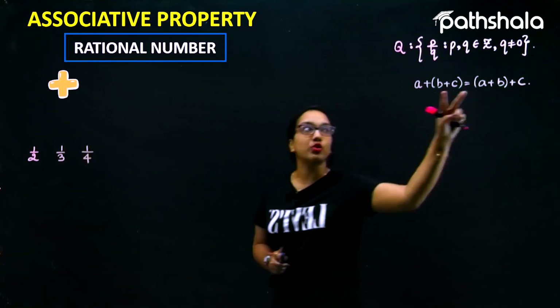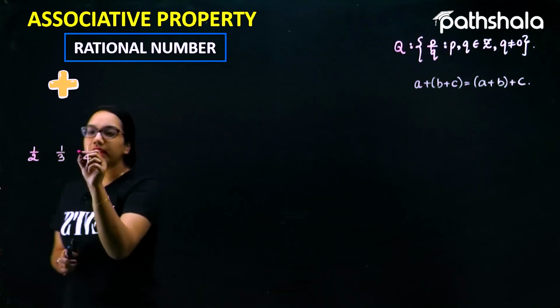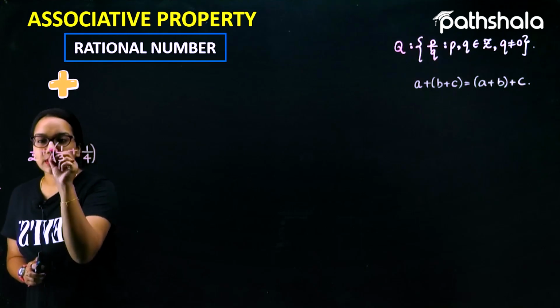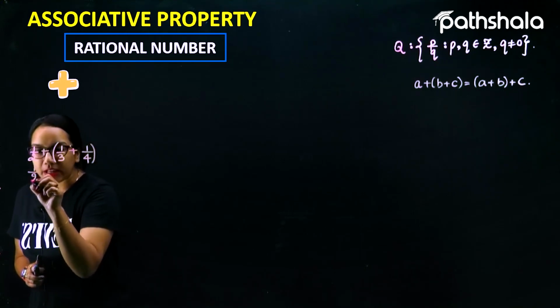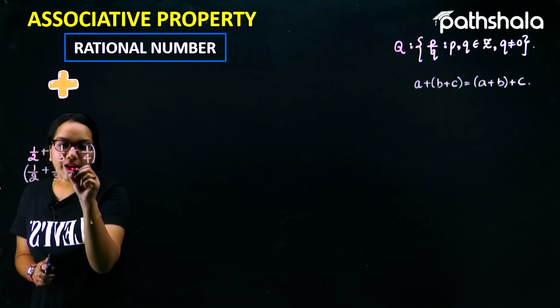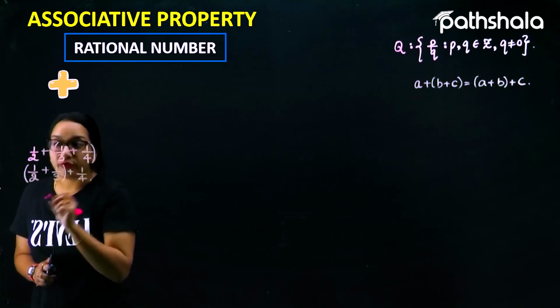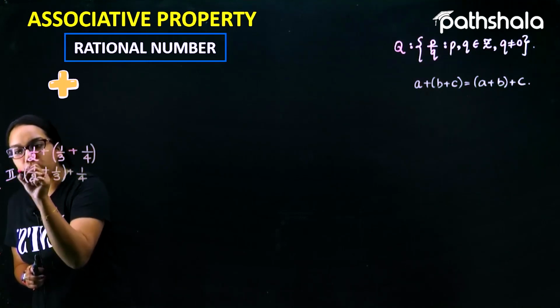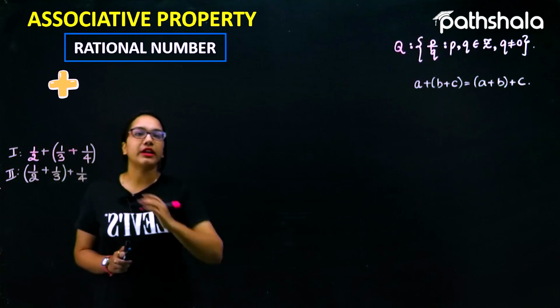Let us suppose first I am adding 1 by 3 and 1 by 4 within the bracket and 1 by 2 outside, and for the second case I am taking 1 by 2 and 1 by 3 in a bracket and 1 by 4 outside. This one is the first condition and this one is the second condition, and we have to show that both of them are equal to each other.